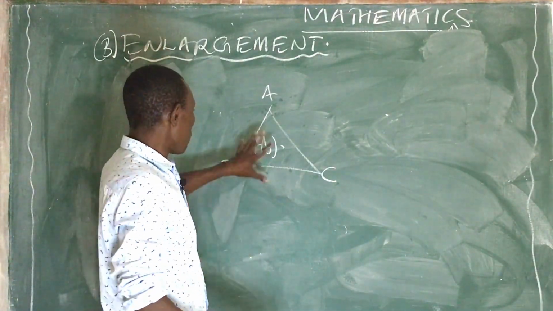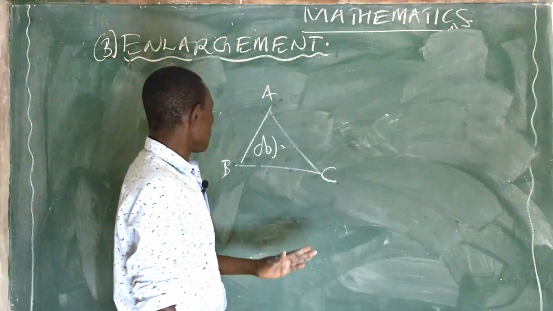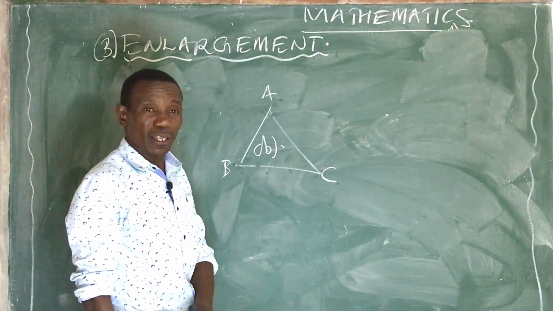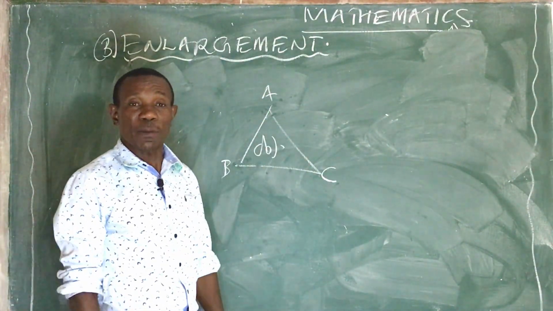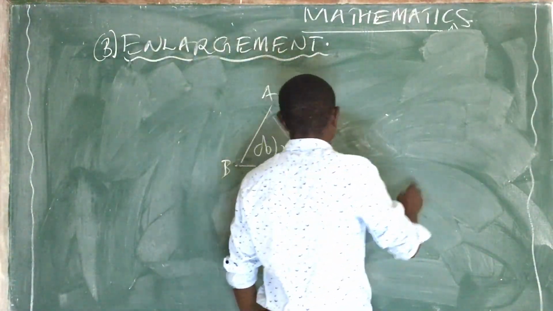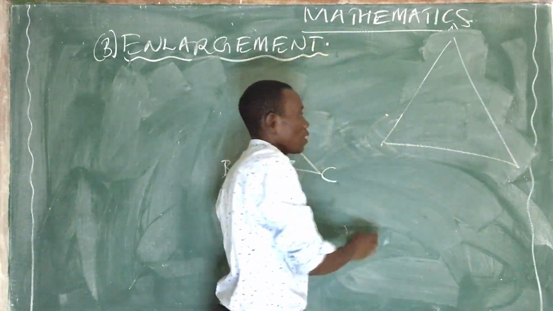If I extend this one, for example, twice as much, it means whatever distances of this figure here must be 2 times as much. So let's say the result of the enlargement twice as much gives us a shape like that.